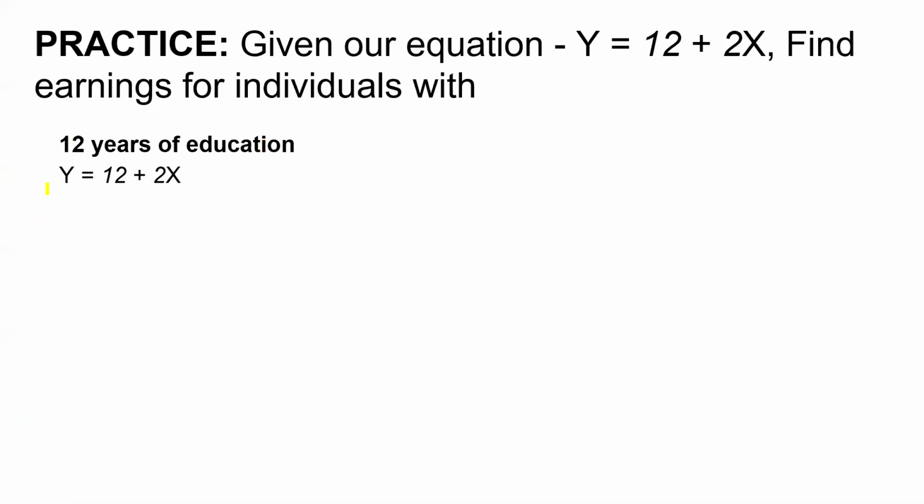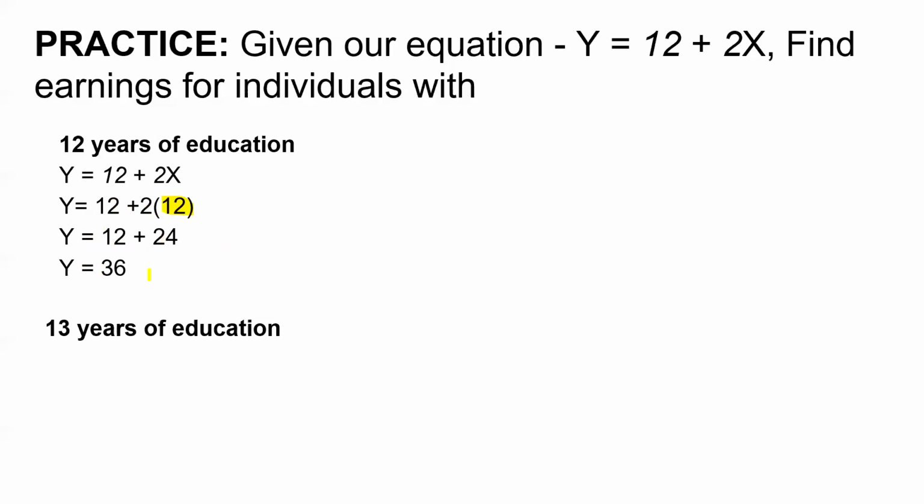So we plug it into our equation, which is y is equal to 12 plus 2x. So we plug 12 in here, which is our years of education. And so we have y is equal to 12 plus 2 times 12. Y is equal to 12 plus 24. Y is equal to 36. So this person makes $36,000. A person with 12 years of education makes $36,000.